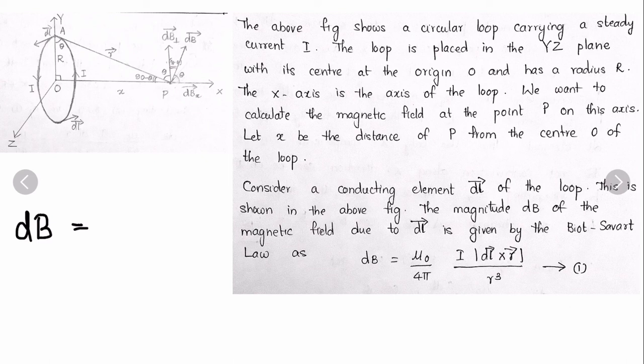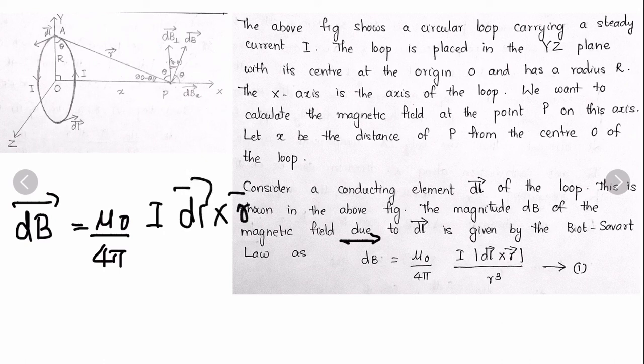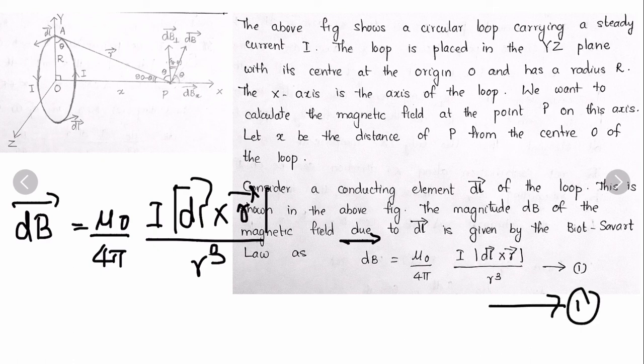In vectorial form, dB bar is equal to mu 0 by 4 pi I dl bar cross r bar divided by r cube. This is Biot-Savart's law. I have explained Biot-Savart's law in my previous video. Let it be equation number 1.